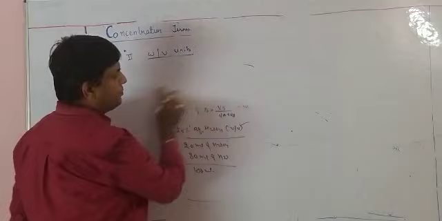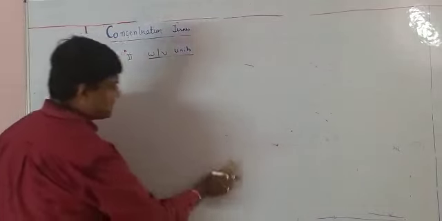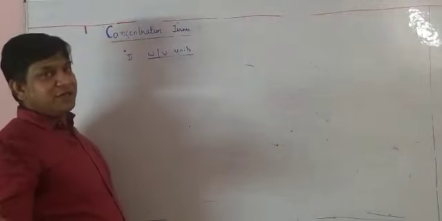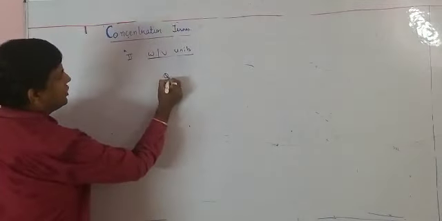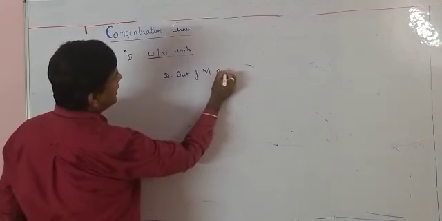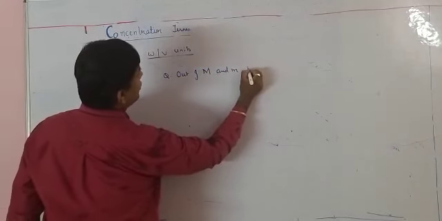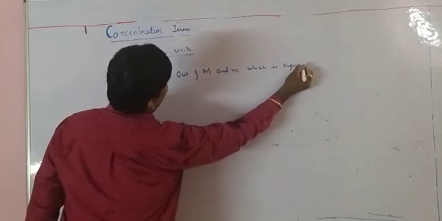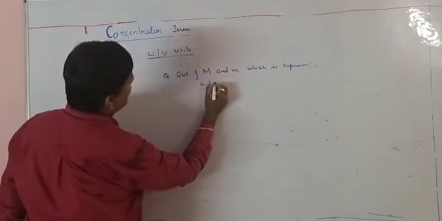And one more important question I am going to discuss, and it is frequently asked in the board examination as well as in JEE and NEET. The question is, out of capital M and small m, which is superior and why?